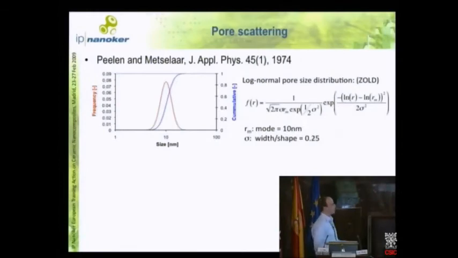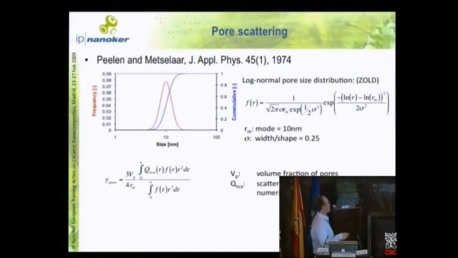To include pore scattering, I had to go quite a bit back in the literature. There's a very nice model from the 70s, it's older than me, where they used a log-normal pore size distribution, which is given by this equation here. You can see in a log plot we have a very nice normal distribution. And then we have the scattering coefficient for the pores, which is given by this equation here.